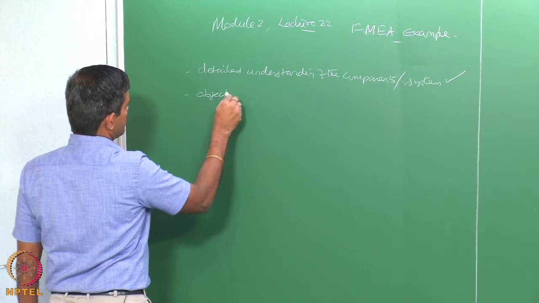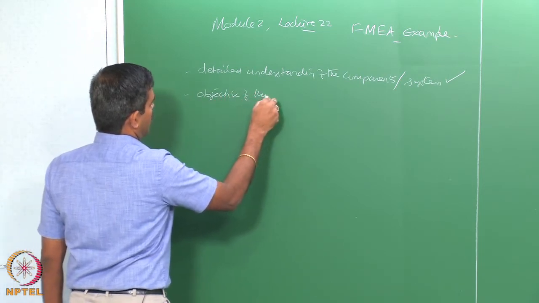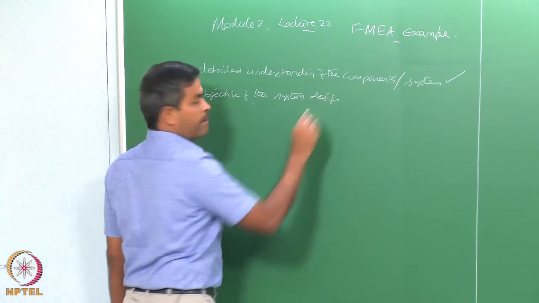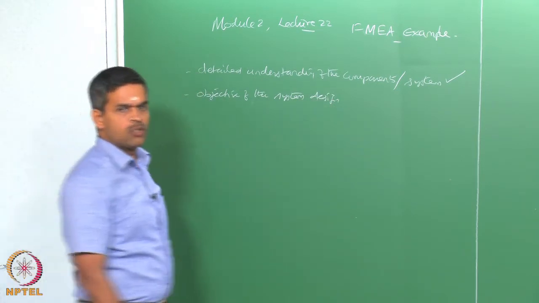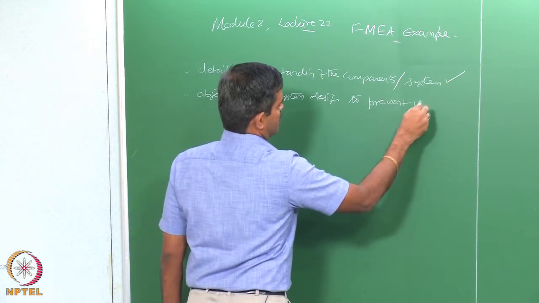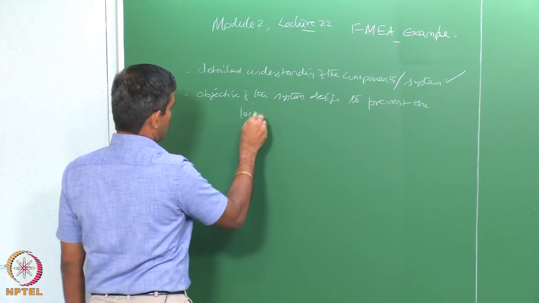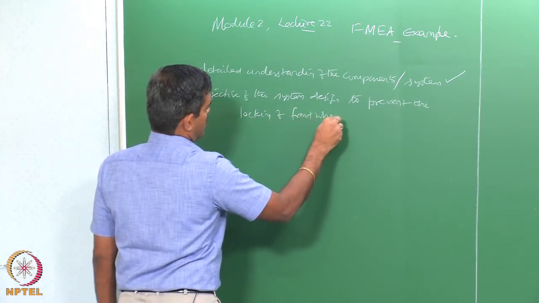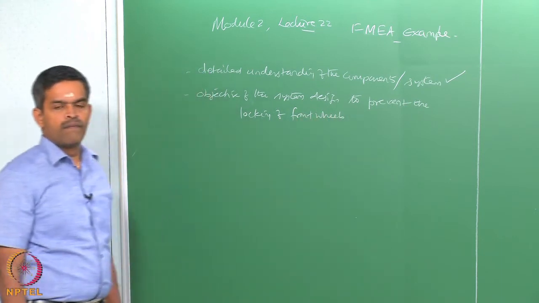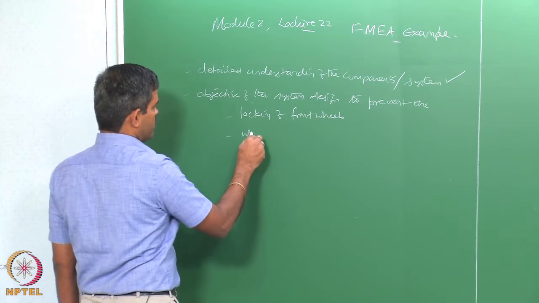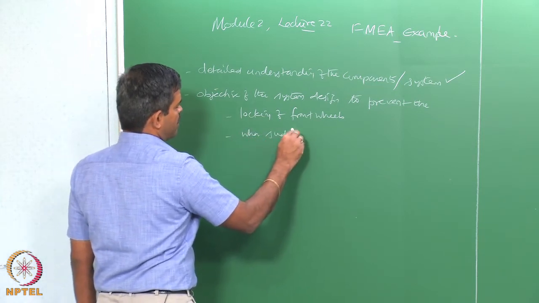The objective of the system design, as expected, is to prevent the locking of the front wheels. When this locking will occur, in general, it will occur when sudden brake is applied to the driving shaft.